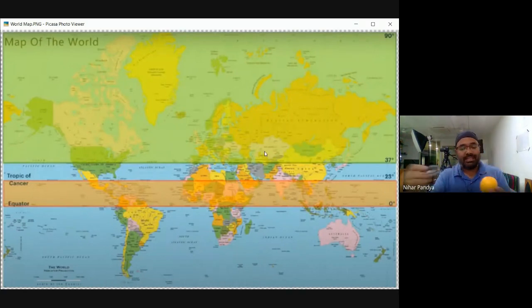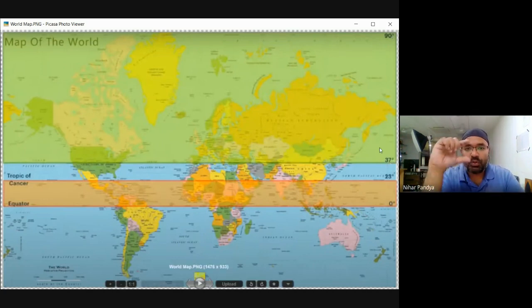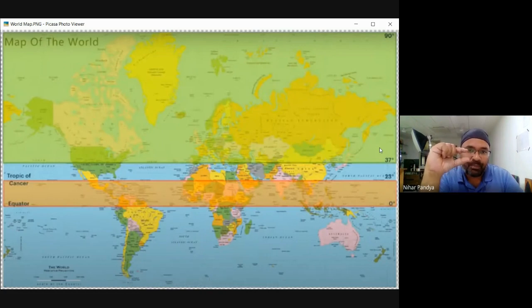So 0 to 23 degrees and 37 degrees to 90 degrees, both on the sphere, the height is the same. So basically that says that this green highlighted area and this orange highlighted area are exactly the same.